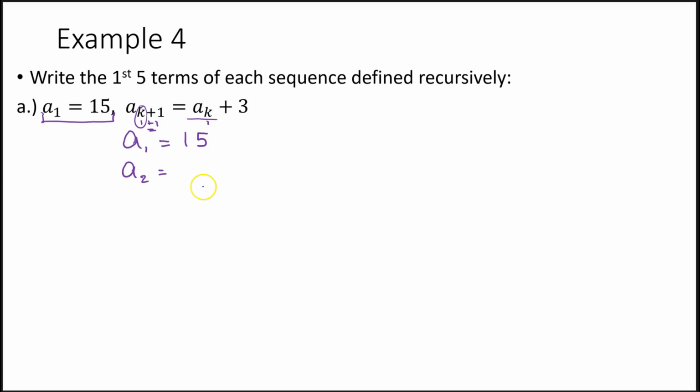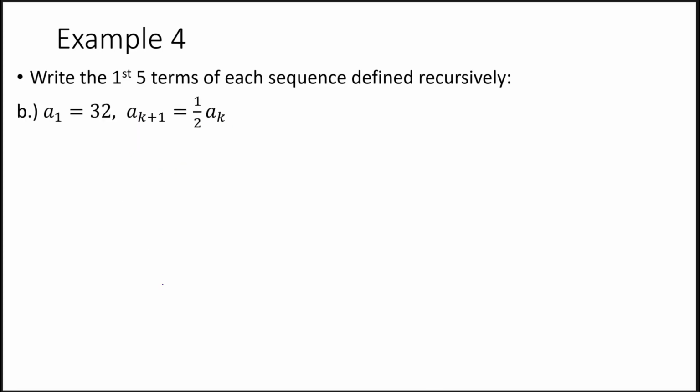So I use my value for a sub 1, 15, and I add 3, and I get 18. If I want a sub 3, I'm going to use my previous result, 18, and add 3 to get 21. So you need 5 terms. We have 3 of them already, so go ahead and find a sub 4 and a sub 5. Again, recursive sequences use the previous term to find the next, or subsequent, terms.